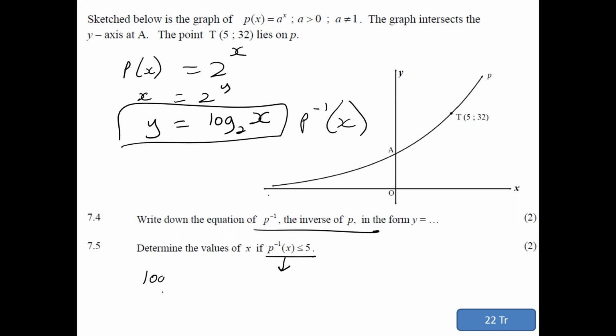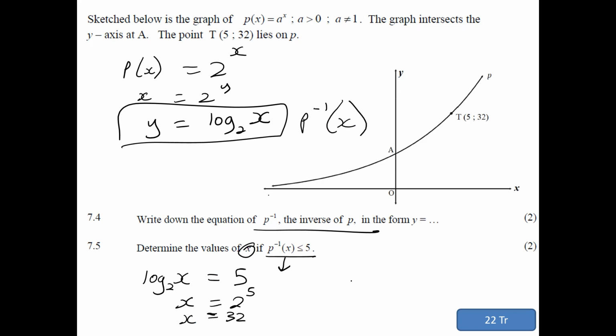It's actually log x base 2. So equate it to 5 first. Remember we're finding the x value. So to find the x value, we bring it to exponential form. So the base is 2 to the power of 5, and there's our x there.